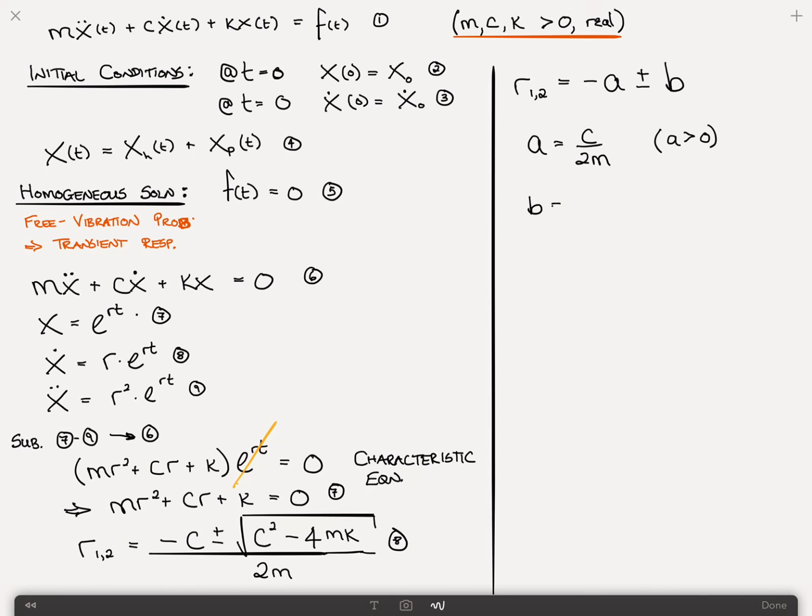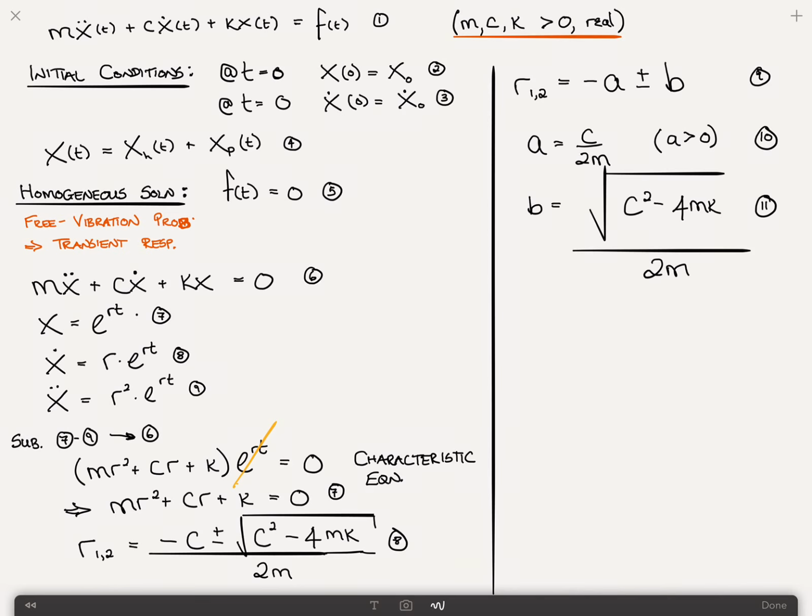And b is equal to the square root of c squared minus 4mk, all divided by 2m. We'll call these equations 9, 10, and 11.